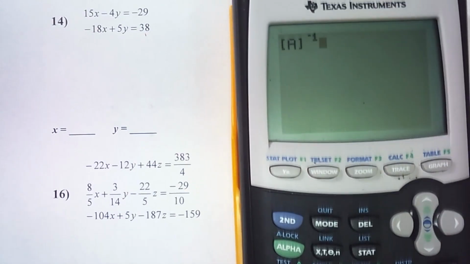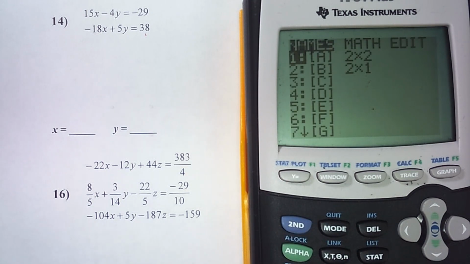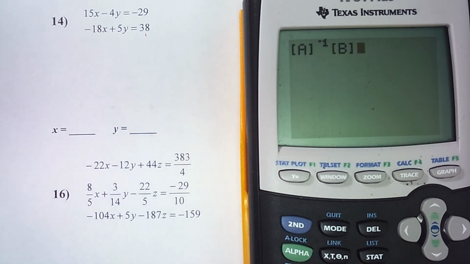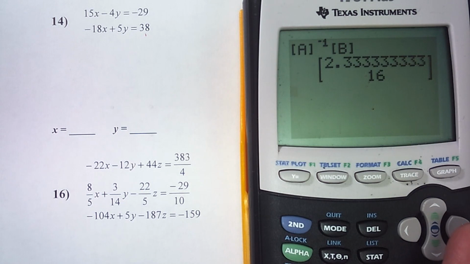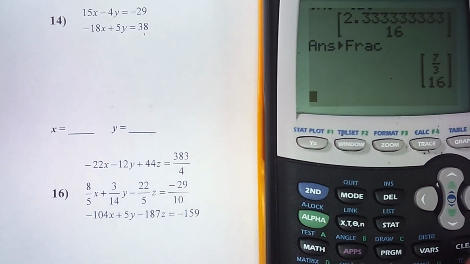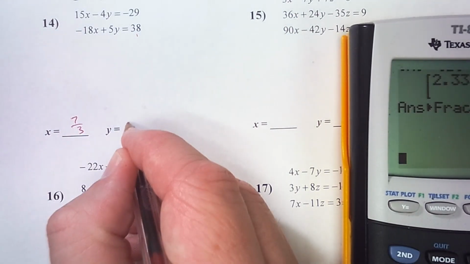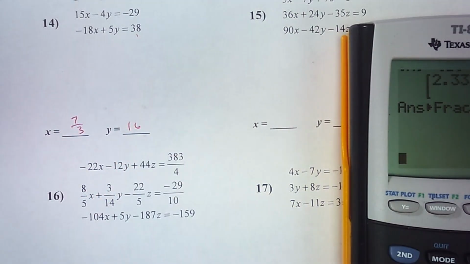So it looks like this. Inverse of matrix A times second matrix and option 2. So we have the inverse of matrix A times matrix B, and then math, enter, enter, and we get 7/3, 16. X is 7/3, Y is 16.